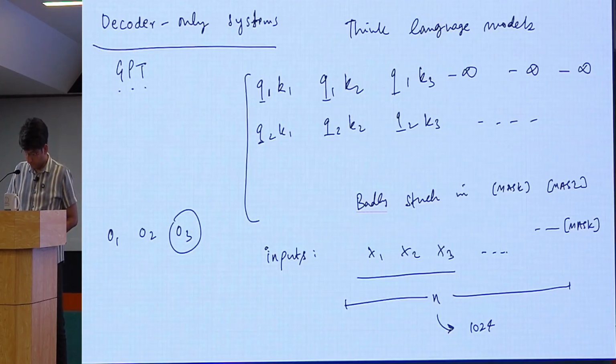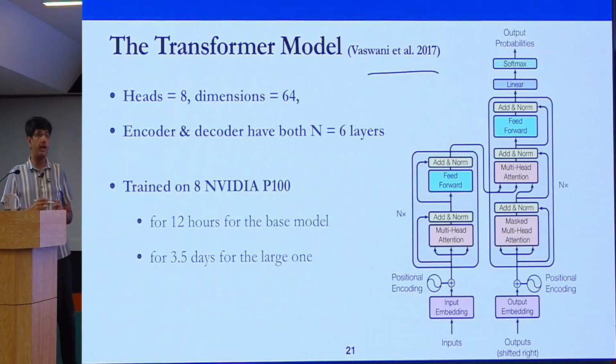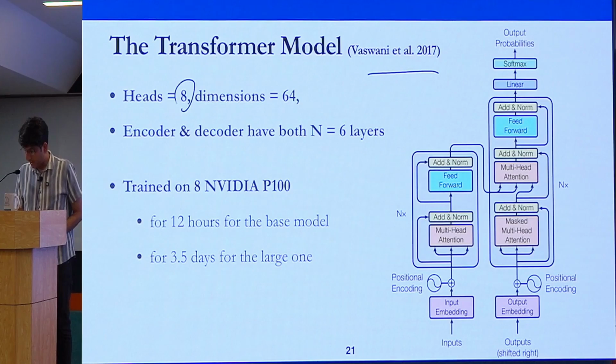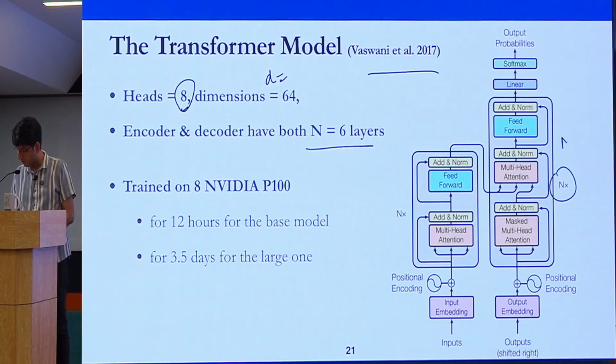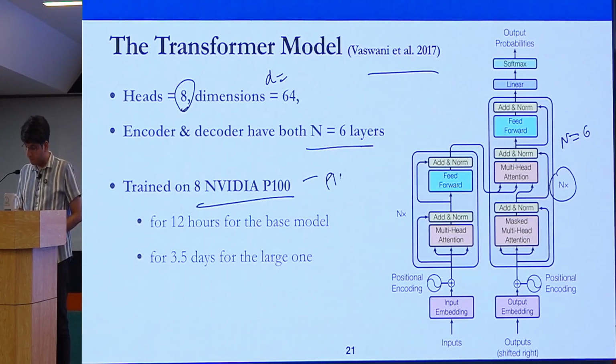So just to give you some results of this particular architecture, this is the same Vaswani et al. architecture, the same diagram. This is 2017. There were 8 heads, your D was 64, and there were only 6 layers, so N is equal to 6. It was trained on an NVIDIA P100.